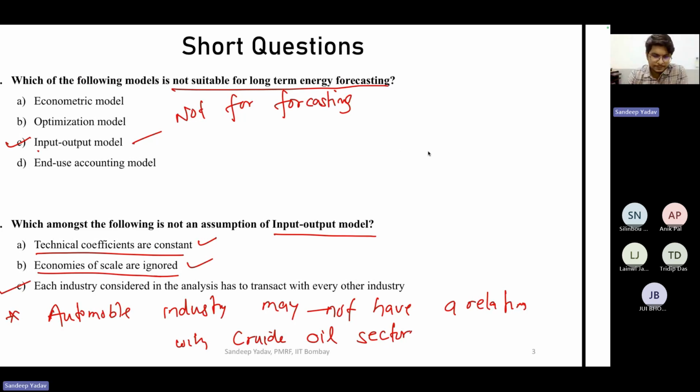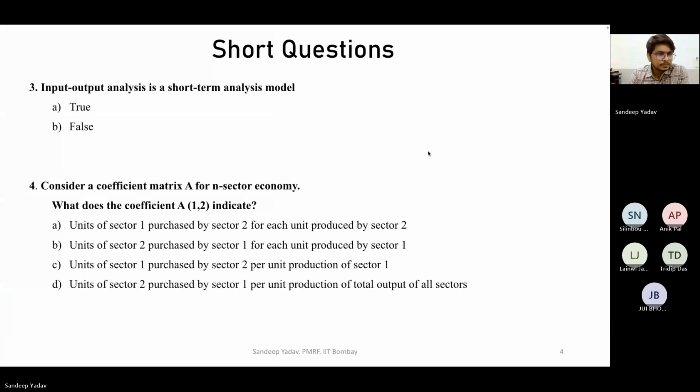Then we'll move ahead. Question number three is about true and false. Input-output analysis is a short-term analysis model. Is this statement true or false? Anybody wants to try this question? It is true. Correct, true is the right answer. Why?